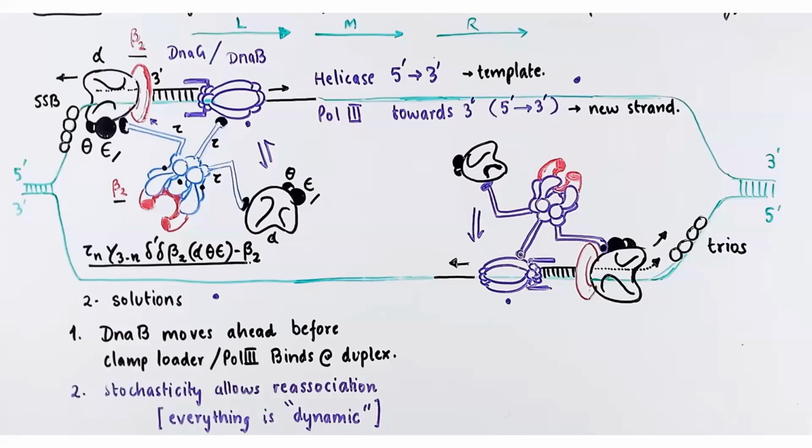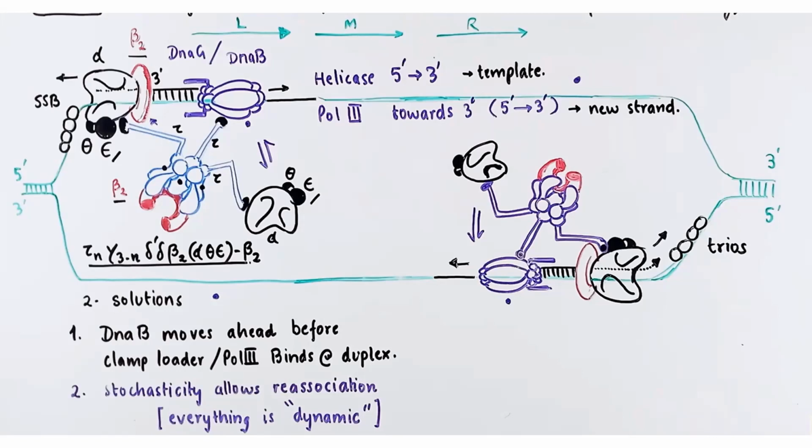In this picture, we just discussed that the clamp loader loads the beta-2 clamp onto the RNA DNA duplex, and now a polymerase can come and bind into the loaded clamp. Specifically, the alpha core associates with the beta-2 clamp. The alpha subunit is the actual polymerase domain for making new DNA.